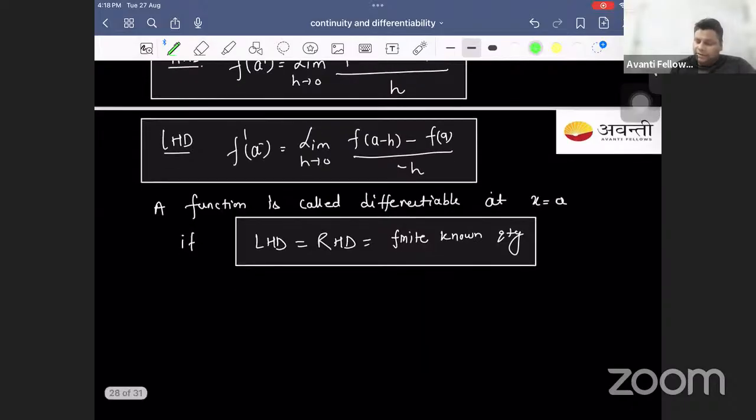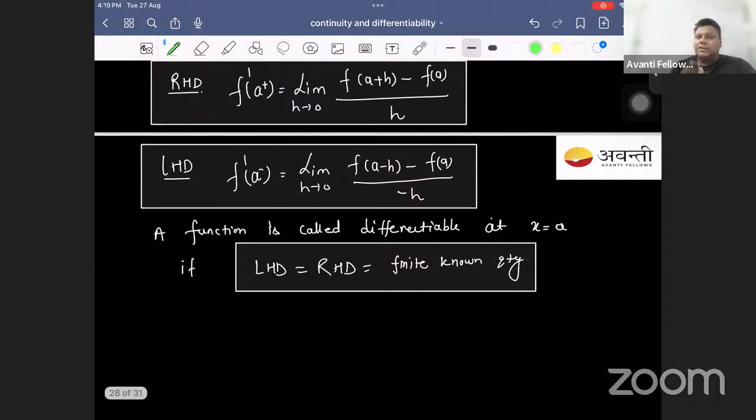Got it? Now I'll do a question. I'll do that question using the graph, and I will do that question using the total fundamental definition. Got it?